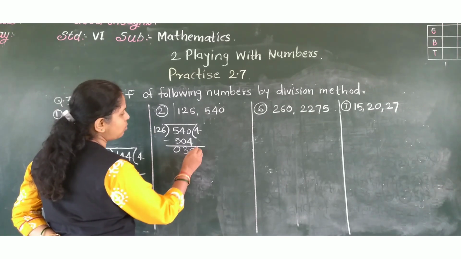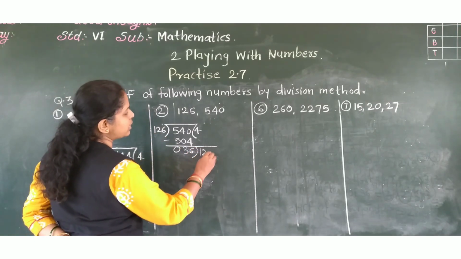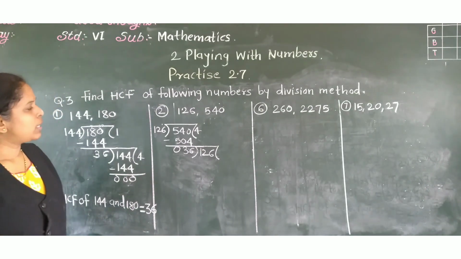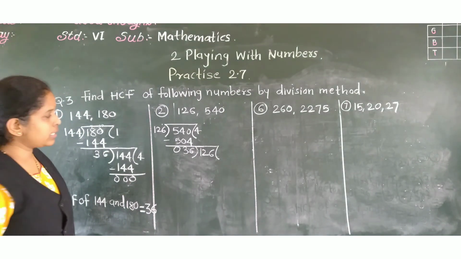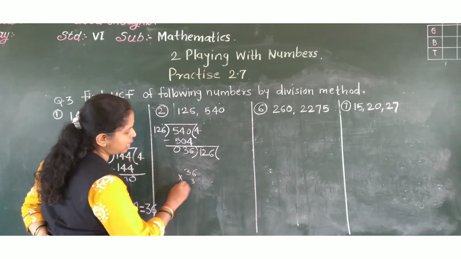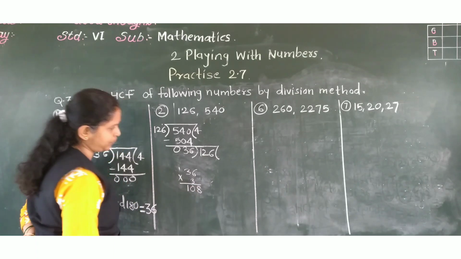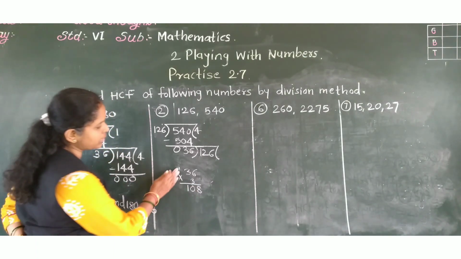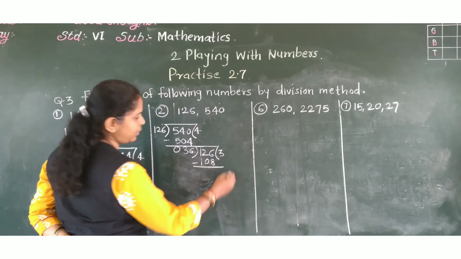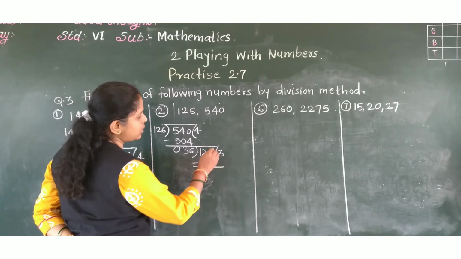36. Now, with 36 divide 126. Okay. So, 36 3s are 108. Now 26 minus 8 is 18.